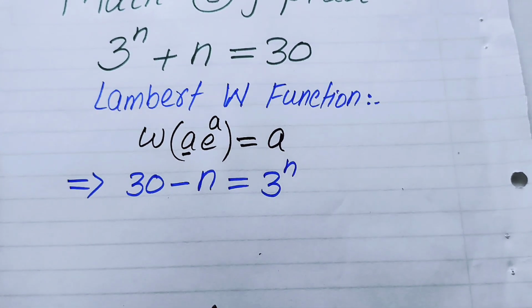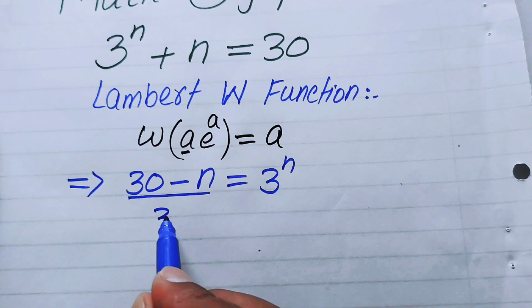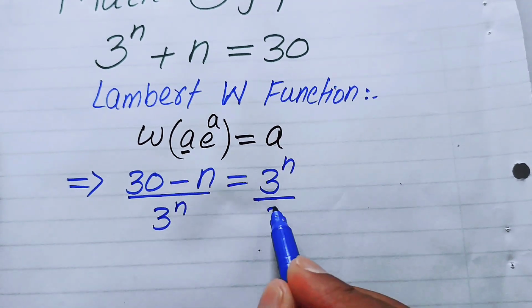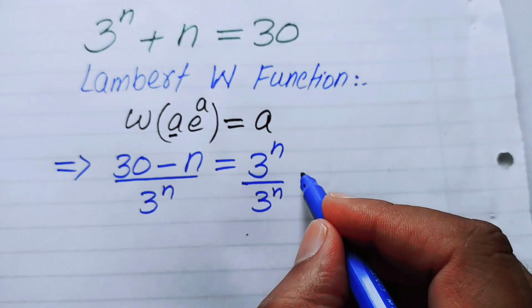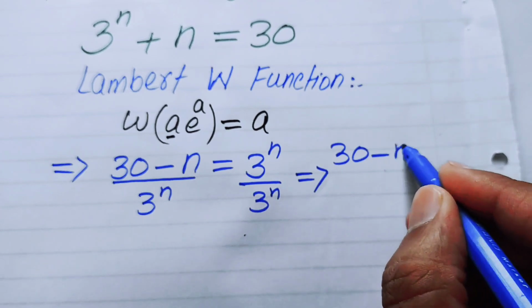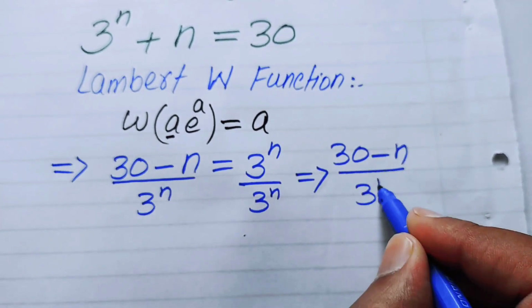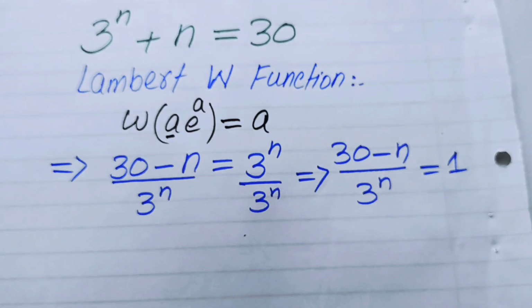After this step we will divide both sides by 3 to the power of n, and this becomes 30 minus n over 3 to the power of n, and this whole is equal to 1.